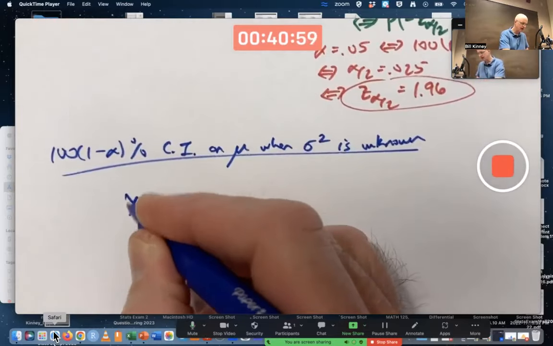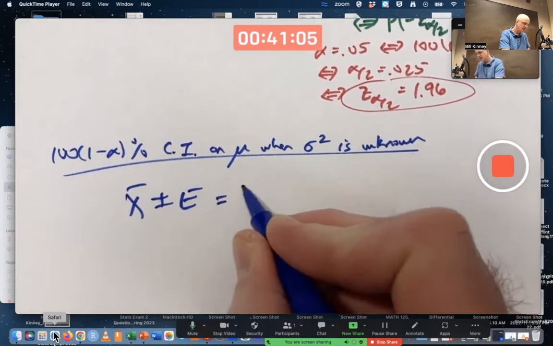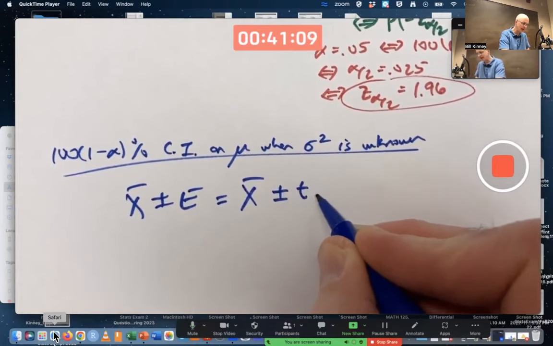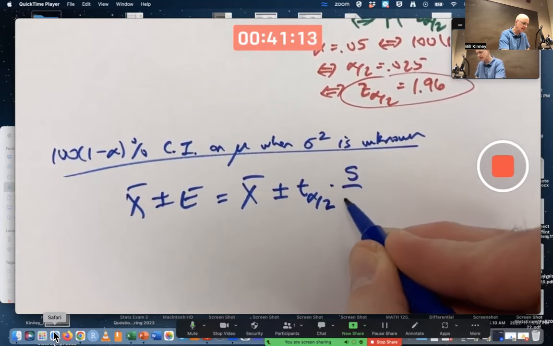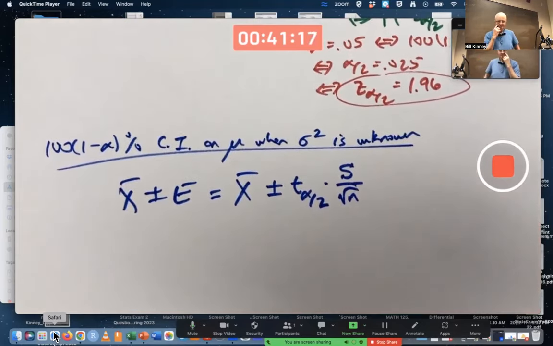Capital X bar plus or minus capital E. And now capital E itself is also a random variable. It's capital X bar plus or minus t sub alpha over 2 times capital S over square root of n. That is a capital S there.